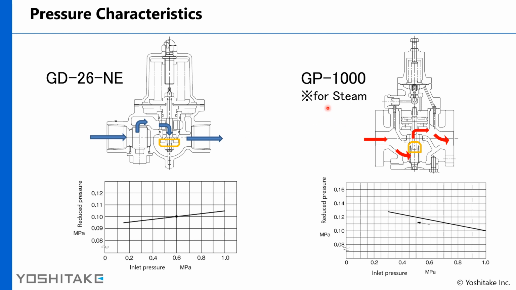For GB1000, the steam flows the same as GD26NE, from left to right, but the valve is closed when the fluid is flowing. So the difference between GD26NE and GB1000 is that GD26NE's valve is opening and GB1000's valve is closing when the fluid is flowing.